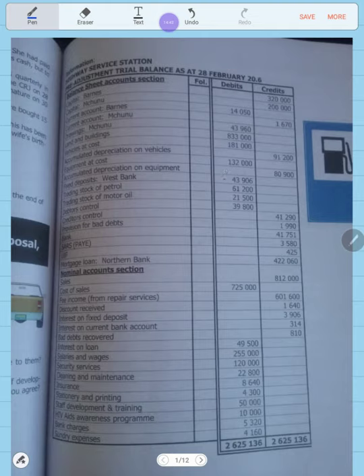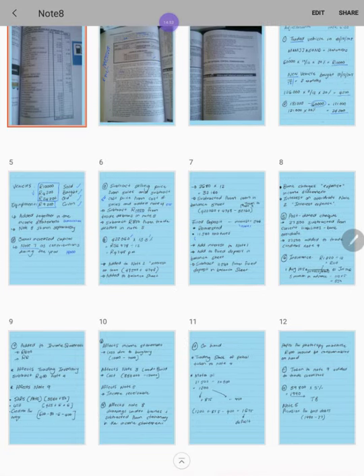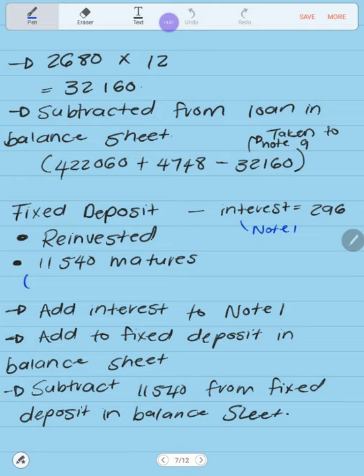The fixed deposit is 43,906. Again, in your balance sheet, next to fixed deposit under non-current assets, you'll write fixed deposit 43,906.